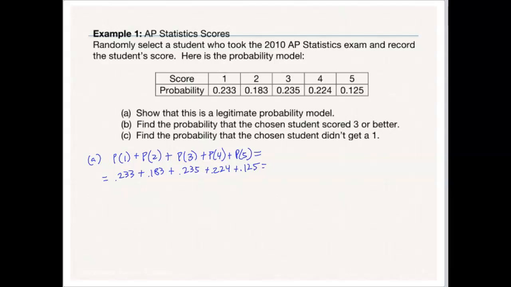Those should add up to what value? 1. That's it, right? And spoiler alert, you can verify in your calculator, these do add up to 1. So it checks out. This is a legitimate probability model.